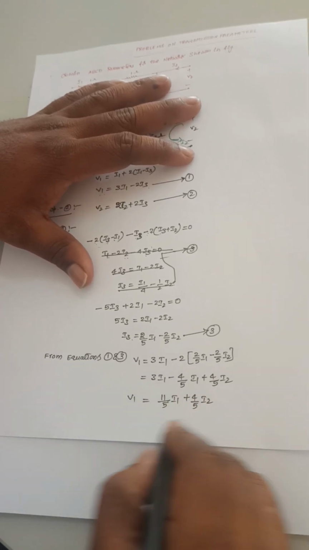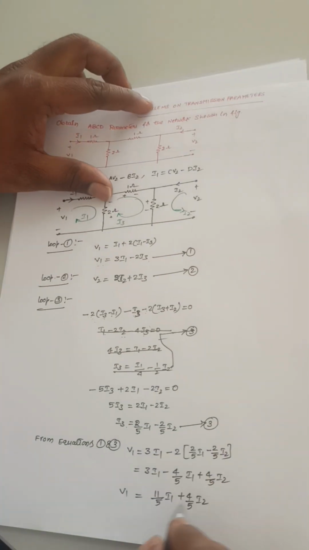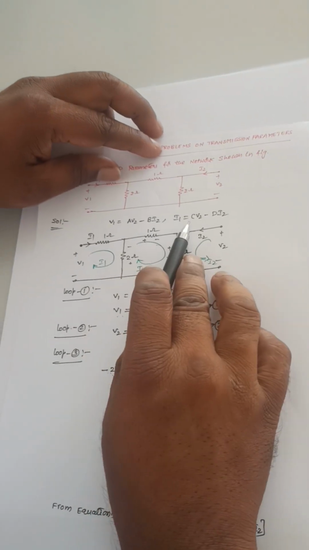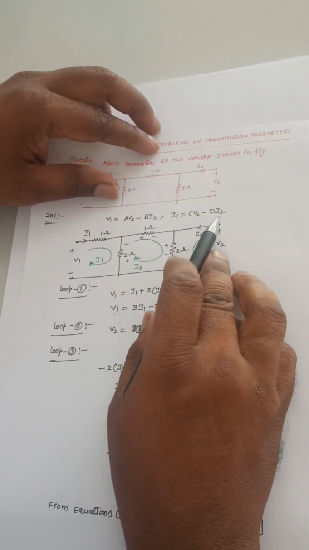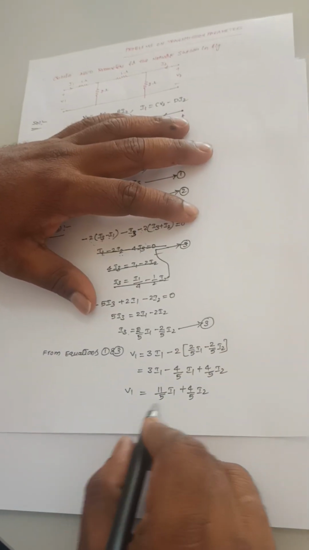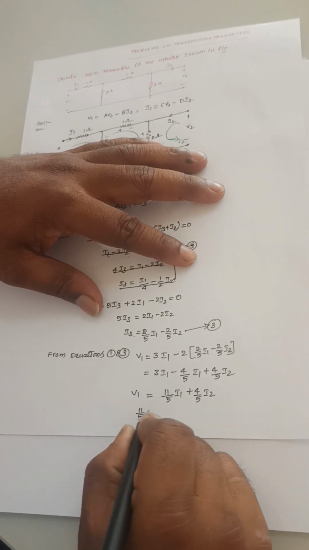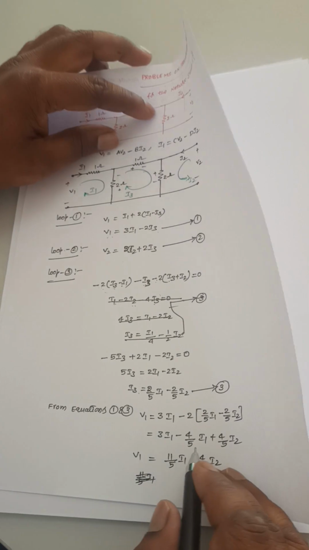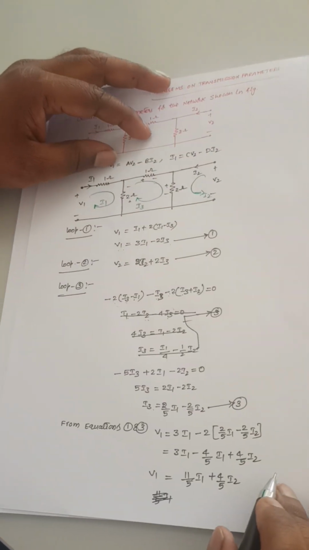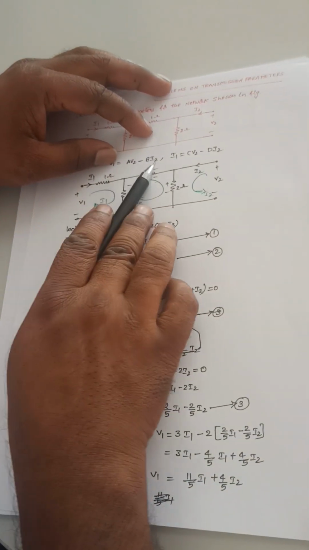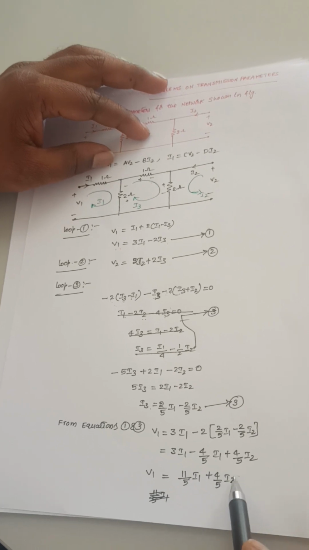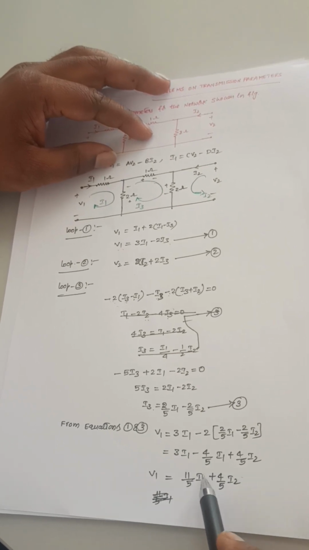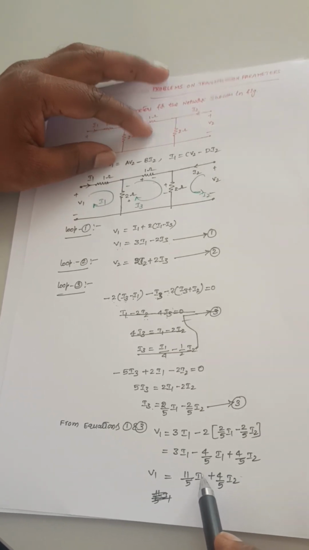And if I rewrite this expression, I need to write these expressions in this form. So I1 is equal to CV2 minus DI2. So if I write this 11 by 5 into I1, sorry, can I get it? No, I cannot get this one. So it is V1 is equal to AV2 minus BI2. So I2 is there. So I need to convert this I1 in terms of V2 and I2.